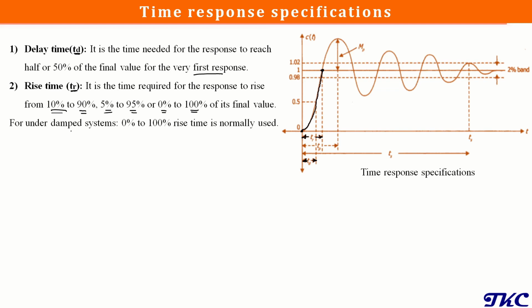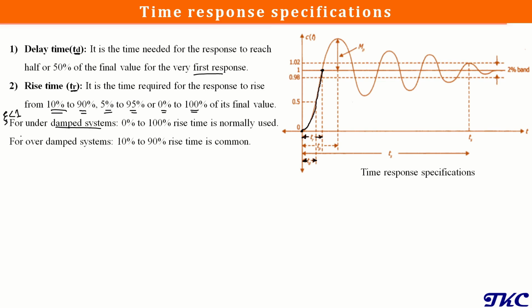For example, for an underdamped system, where the damping ratio zeta is less than 1, rise time is considered from 0% to 100% of the required response.